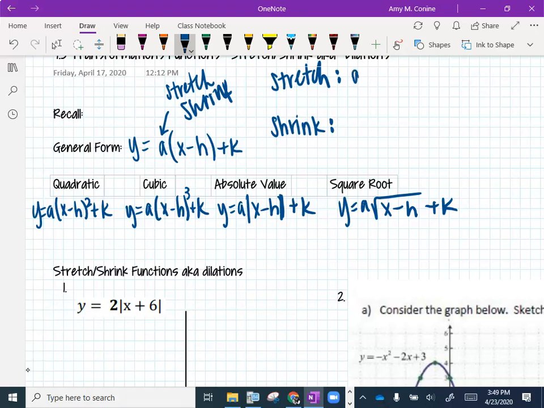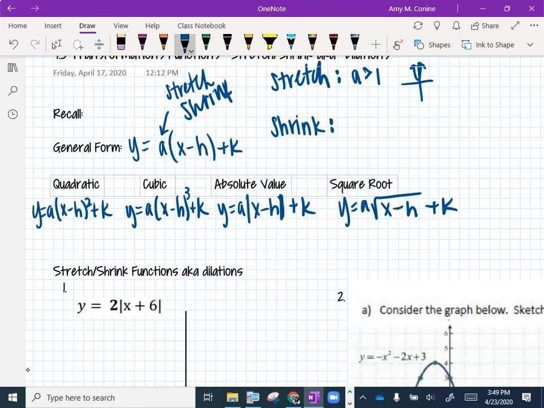This is when a is greater than 1. So you have numbers that are bigger than 1 that are pulling your graph super, super thin instead of what you normally start with, the parent function.